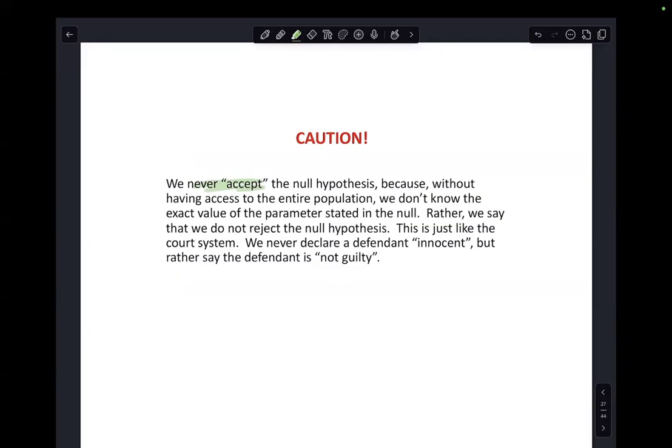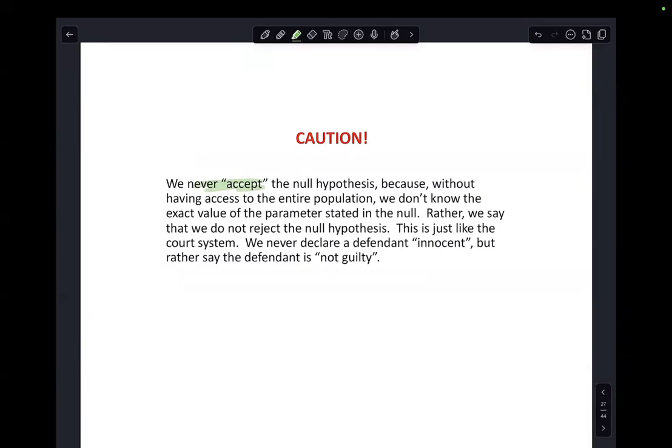And I don't have every single sample out there, or I don't have the whole population. So I could have just gotten a good sample that supported my null hypothesis. It's still possible that the null hypothesis isn't true. It's just that my sample doesn't disprove the null hypothesis, if that makes sense. I just don't have enough evidence.